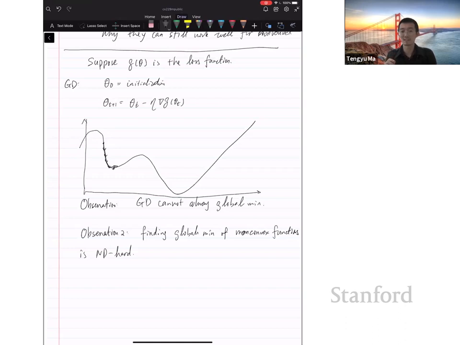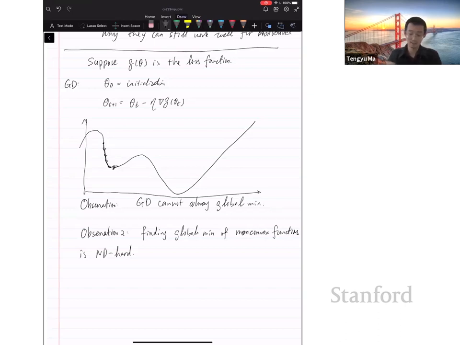Basically this is only saying that you cannot in polynomial time solve all possible functions with gradient descent or with any algorithm. But it doesn't mean that there's no subset of functions that you can easily solve, right? So for example, a convex subset of functions can be solved in polynomial time.